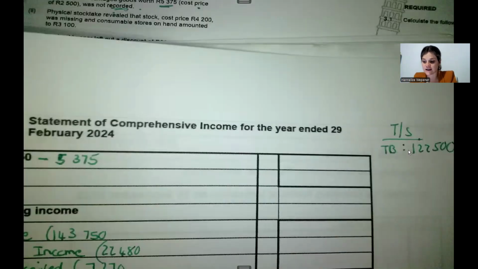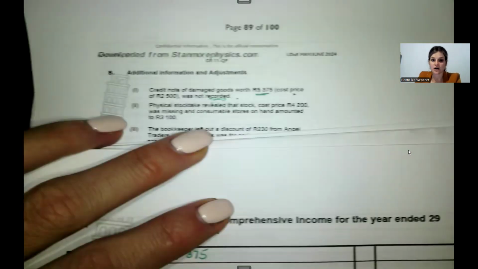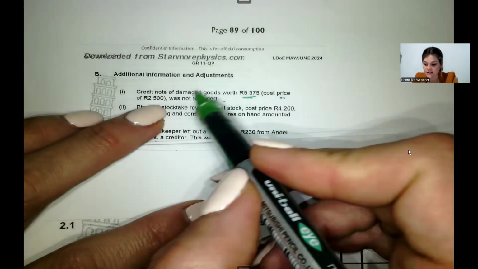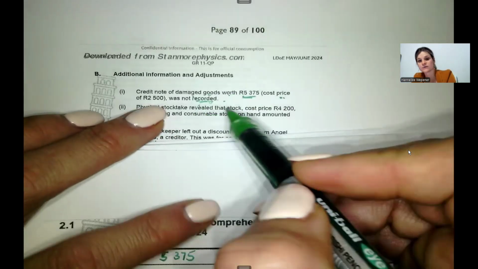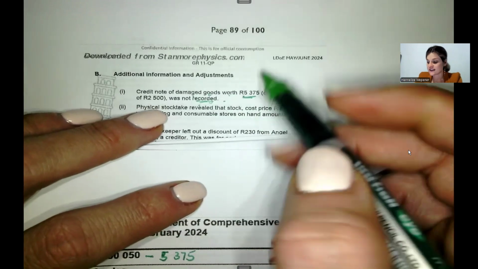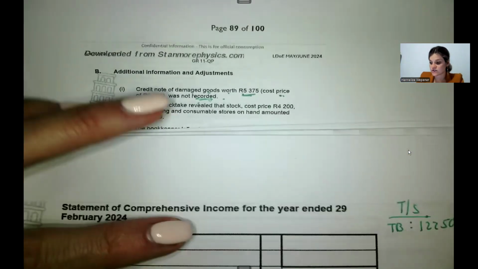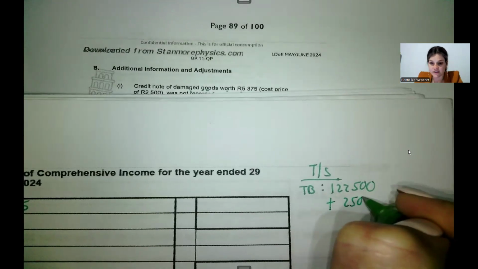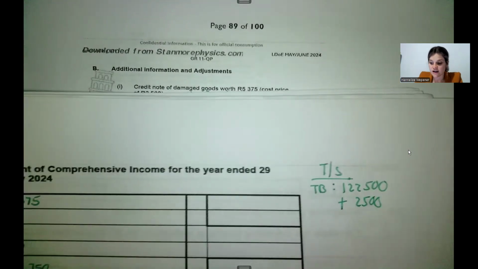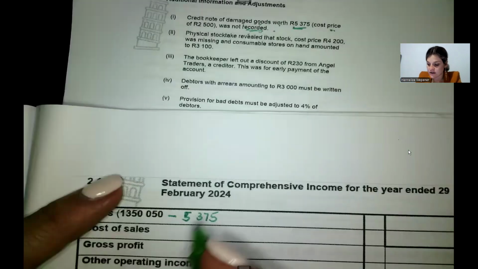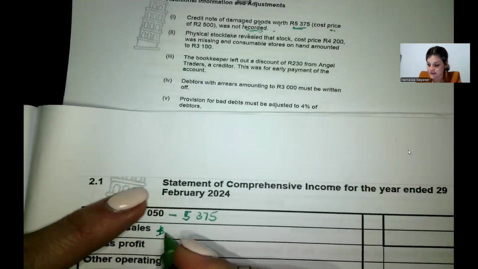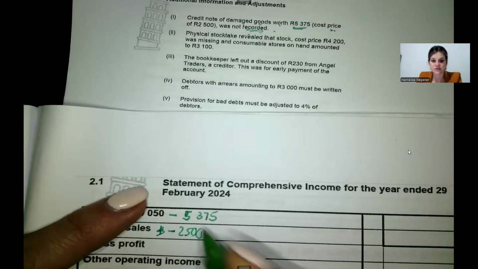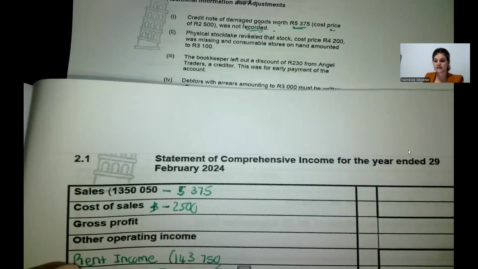Now, I forgot to record that damaged goods that were returned to me. So I must remember to add back the 2,500 to my trading stock, and my cost of sales must be subtracted because I no longer have that cost of sales. I'm just going to say that again.